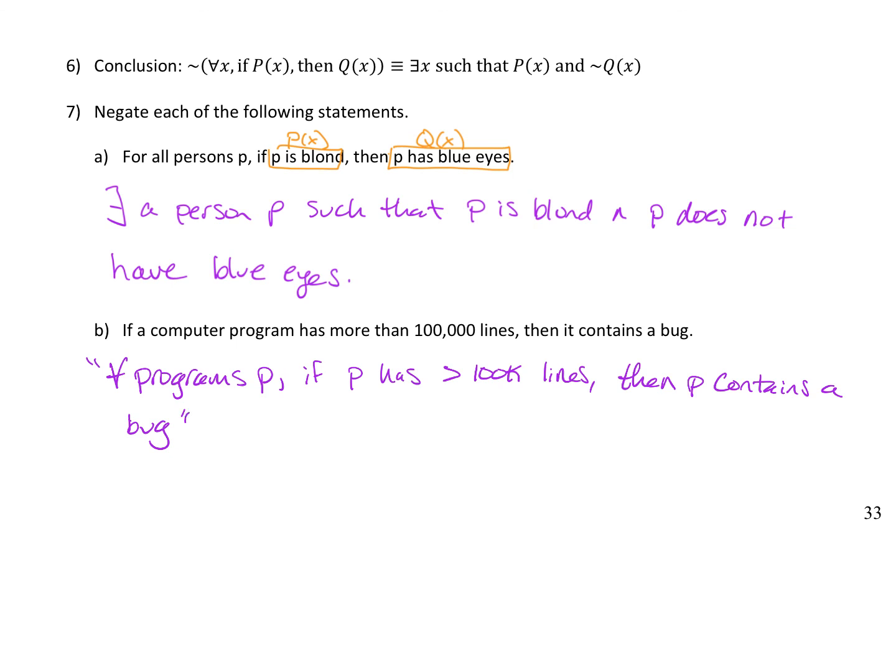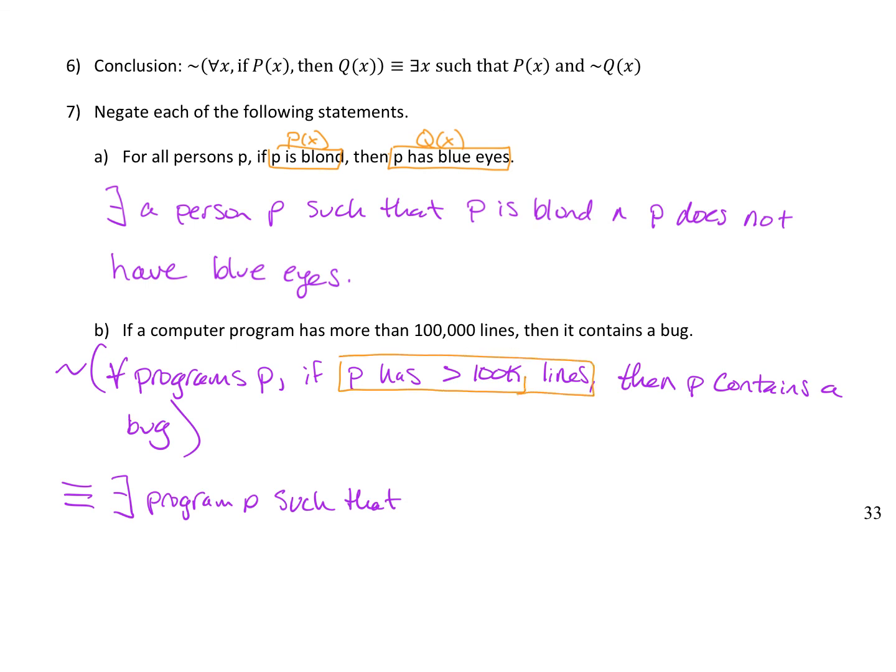To negate that whole thing, I'm going to put a not in front. Okay, negate that. And so I have a for all programs P that is going to become there exists a program P such that, and then p of x is P has greater than 100,000 lines, and q of x is P contains a bug.